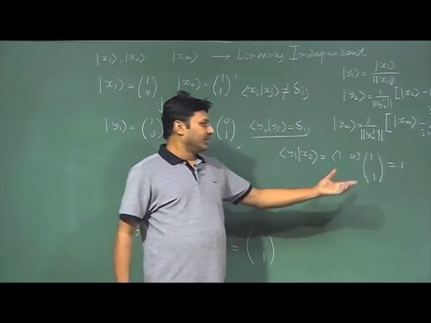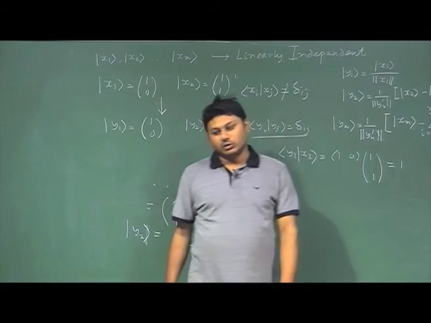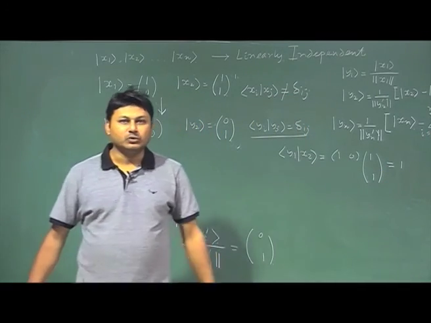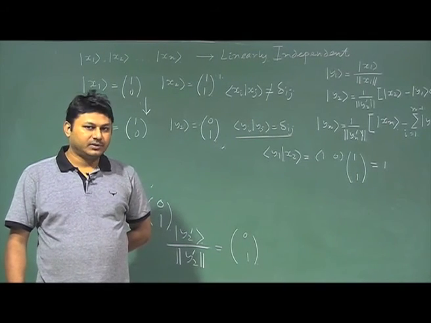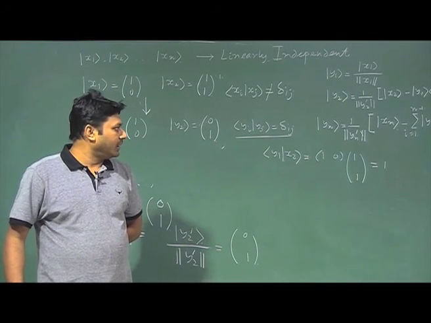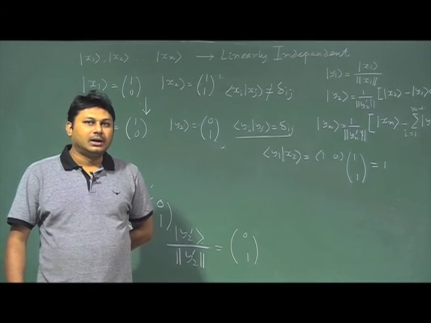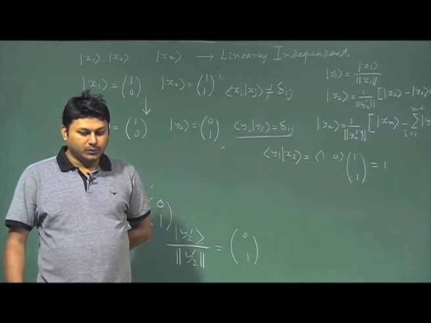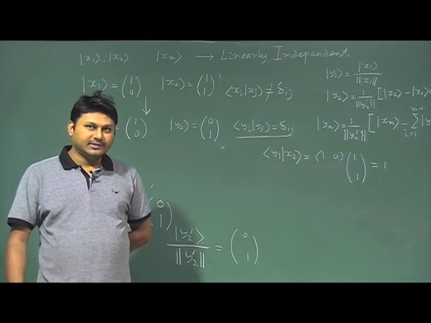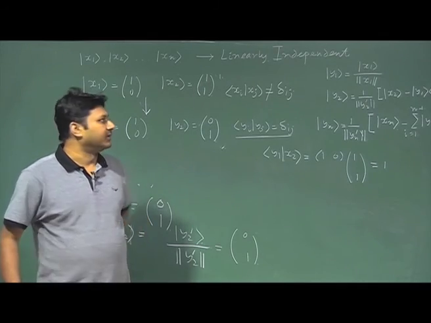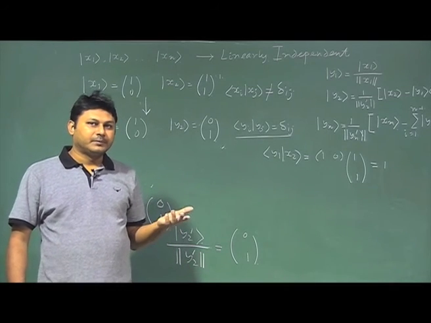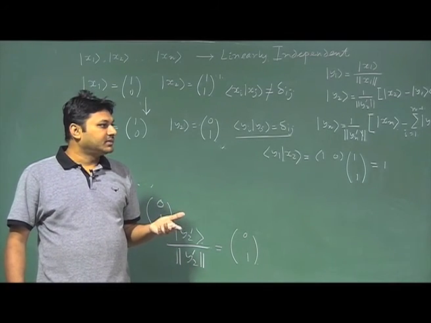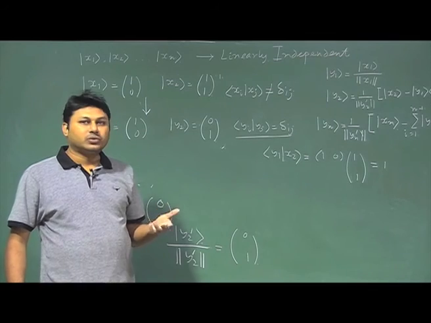In general this is the formulation. Let me conclude what I did in this class. Two important things we learned: first, how to find a set of orthonormal bases when a set of linearly independent vectors is given. From that I can always form a basis which is not only orthogonal but orthonormal.